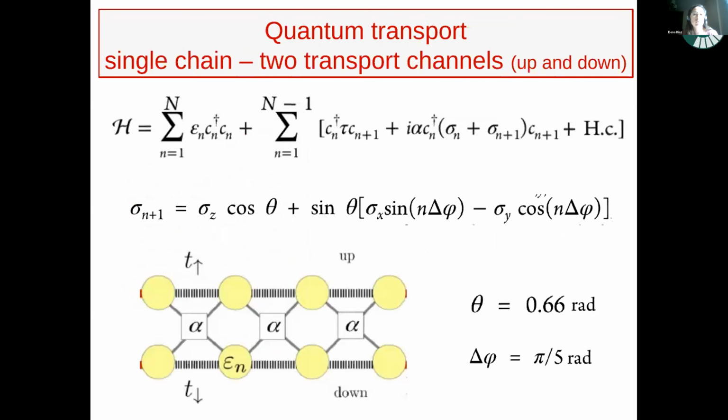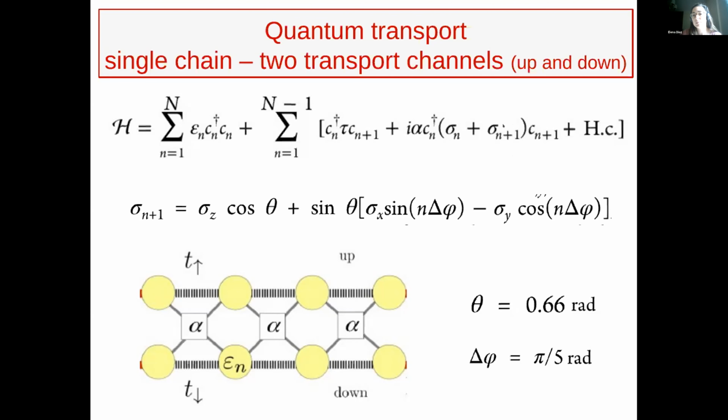In second quantization, the tight-binding model looks like this formula. And in this work, we are considering only one single chain, one molecular chain, but remember that we have two transport channels, one for the spin up and one for the spin down. In this tight-binding model, we have an on-site term, some electronic hoppings connecting the spin up and the spin down channel, and this third term accounts for the spin orbit coupling.